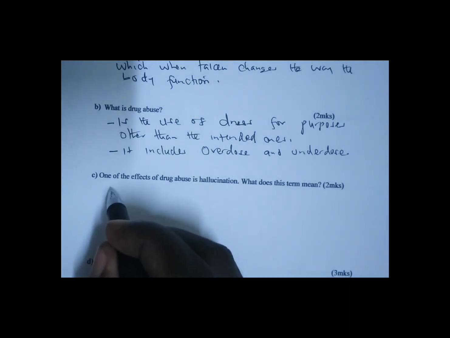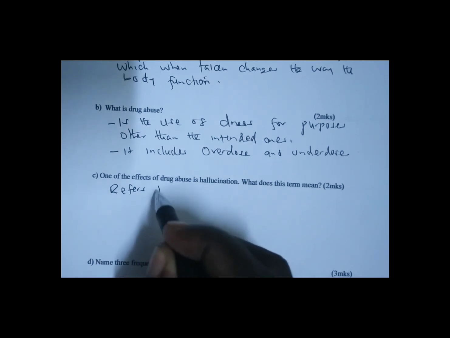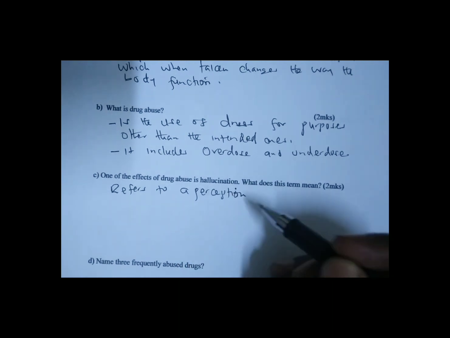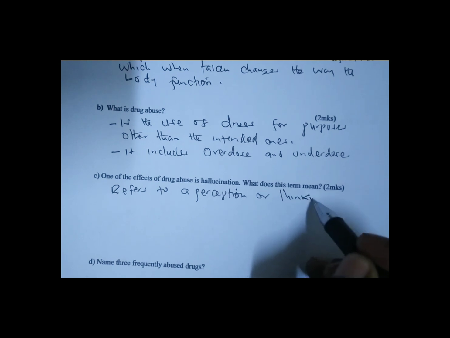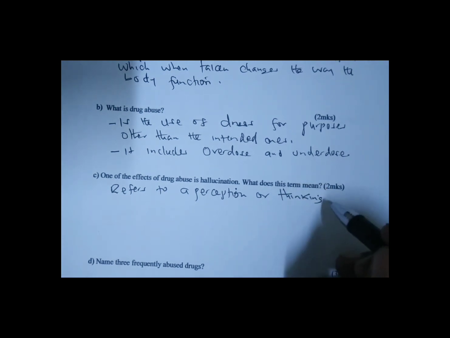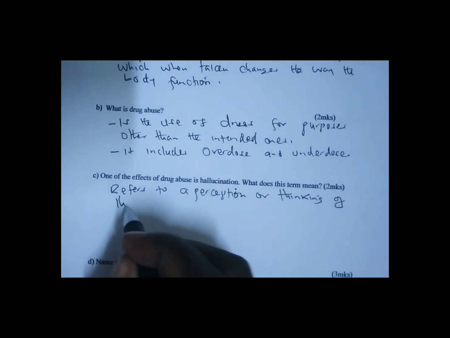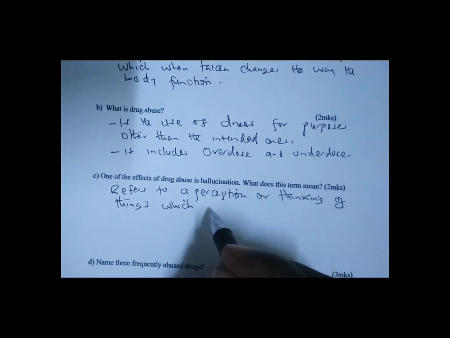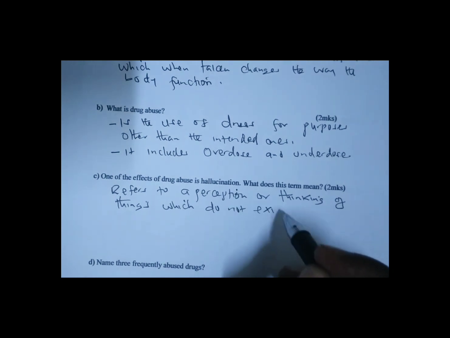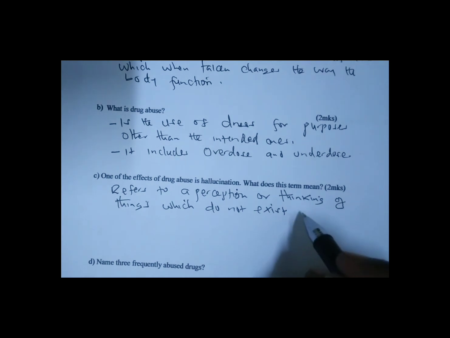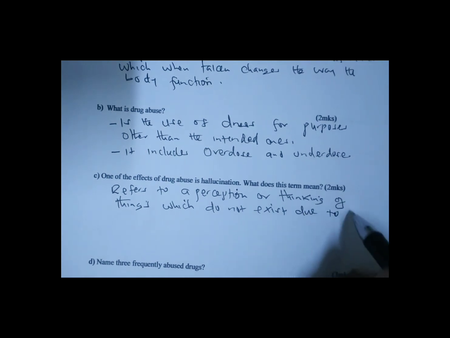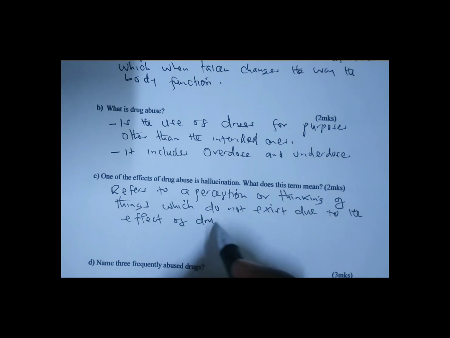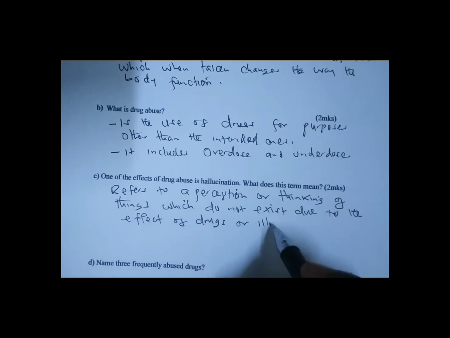In this case, we can say to hallucinate refers to a perception or a thinking of things which do not exist, and hallucination can be caused due to the effect of drugs or illness.